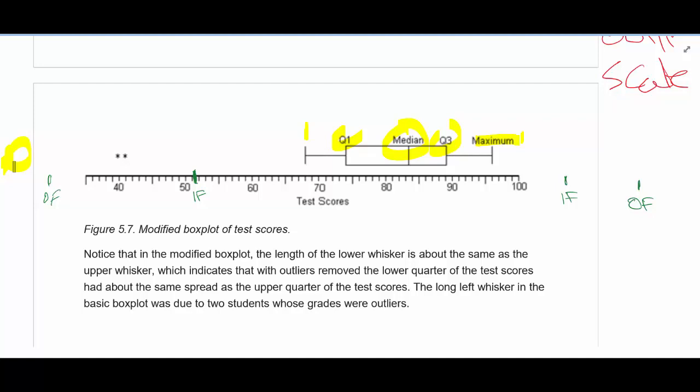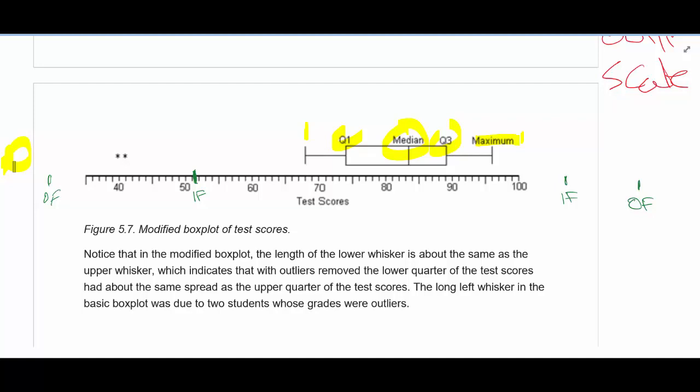And the accepted standard is that any data which is more than 1.5 times the interquartile range, either added or subtracted to one of your quartiles.